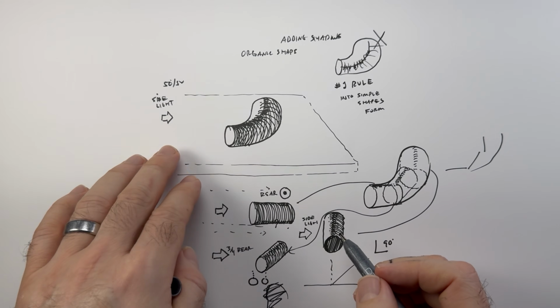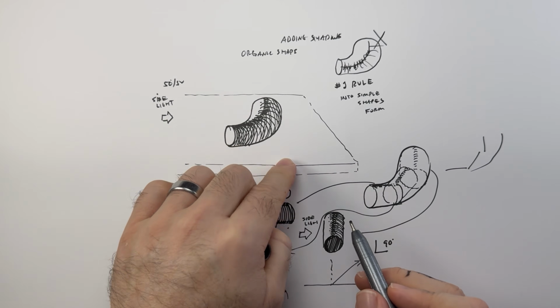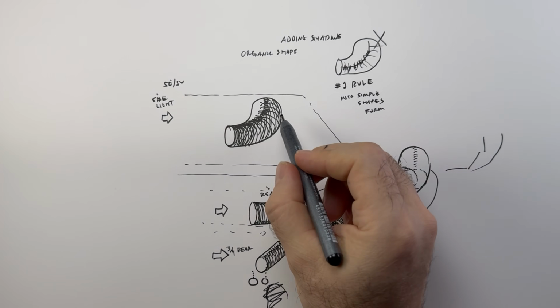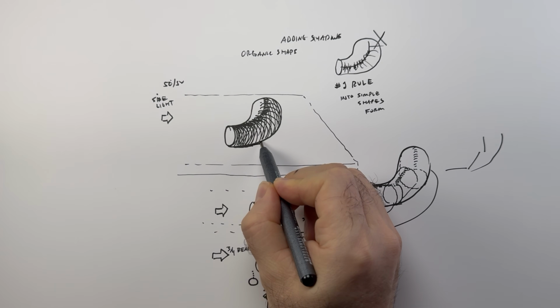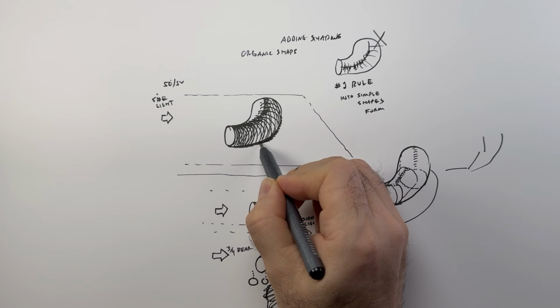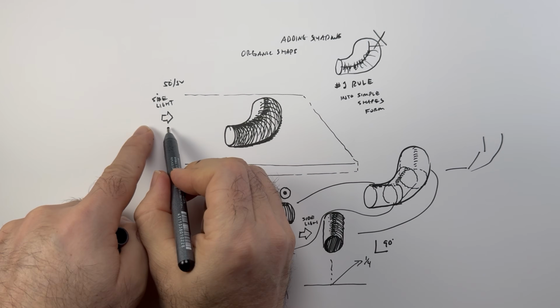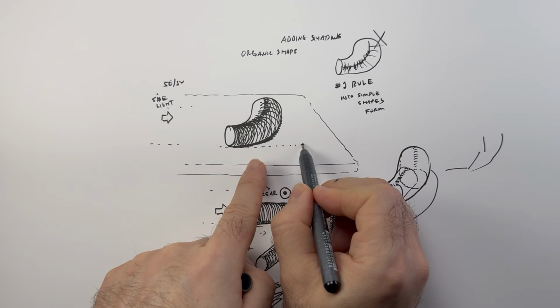Okay. So when you get into the cast shadow, we have the occlusion, which is going to be the darkest part. Okay. And then we're going to use the direction to follow all the way.